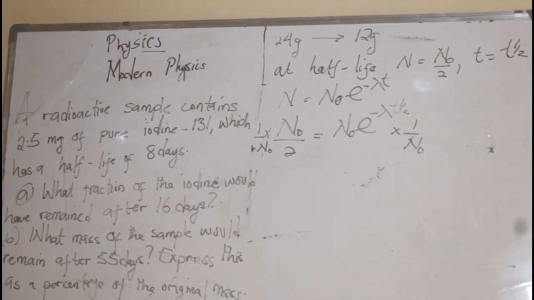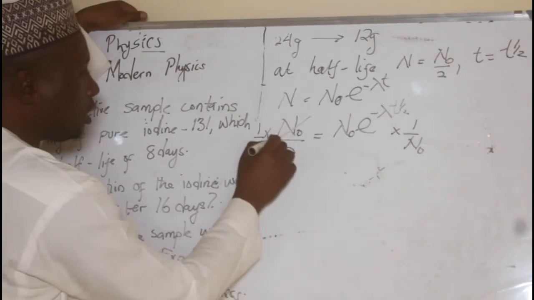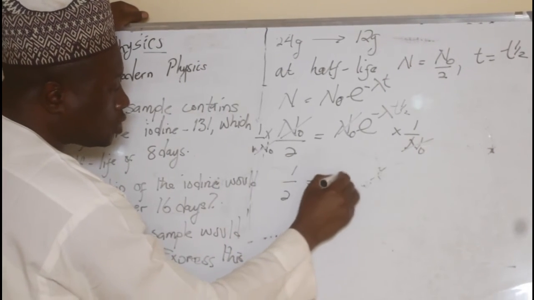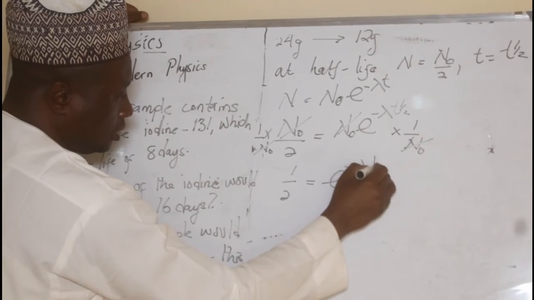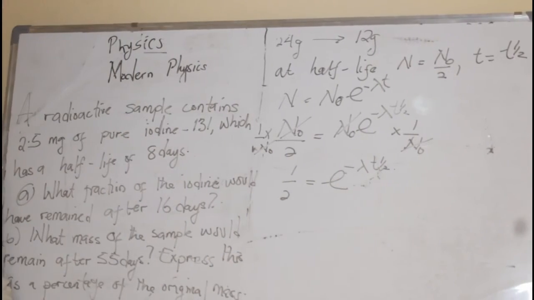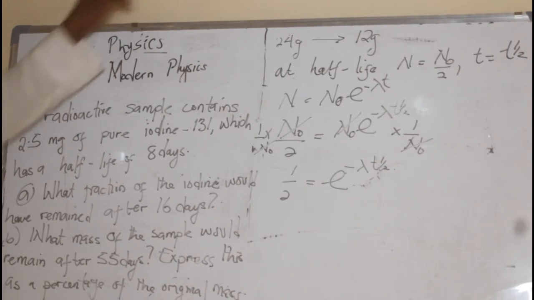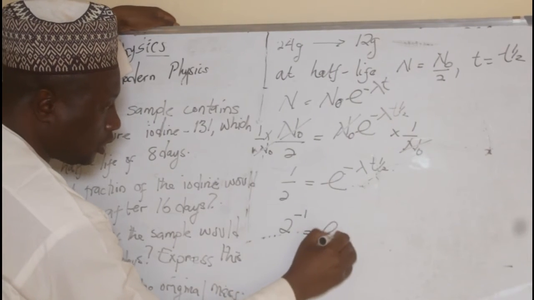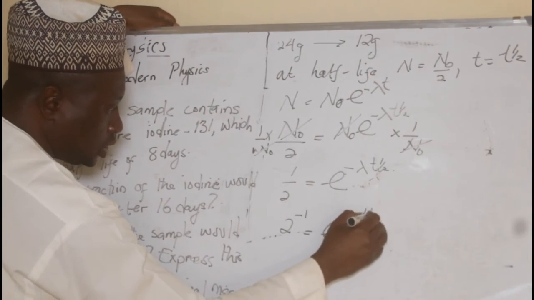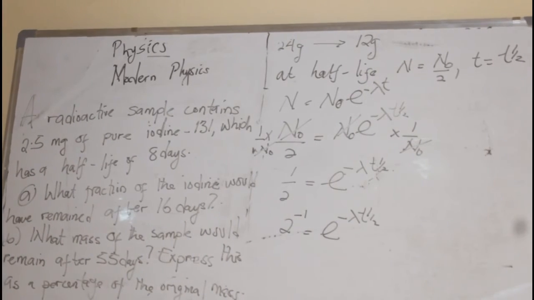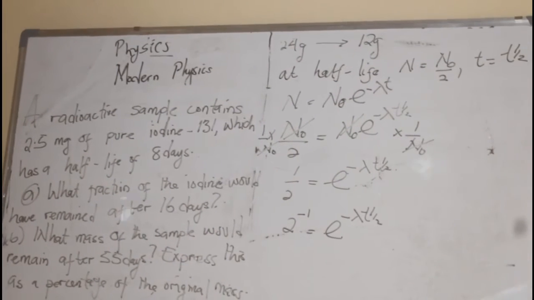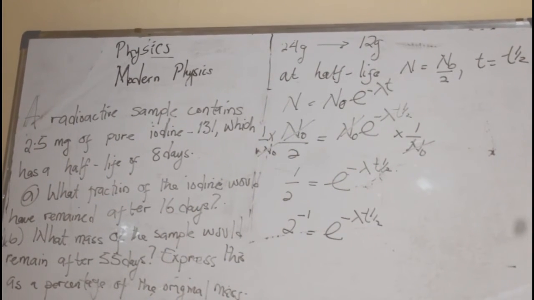So this will cancel this, and I have 1 over 2 equals e raised to the power minus lambda t half. Can I write this as 2 raised to the power minus 1 equals e raised to the power minus lambda t half? Can I do that? Because 1 over a in index form is a raised to the power minus 1. Is that true?